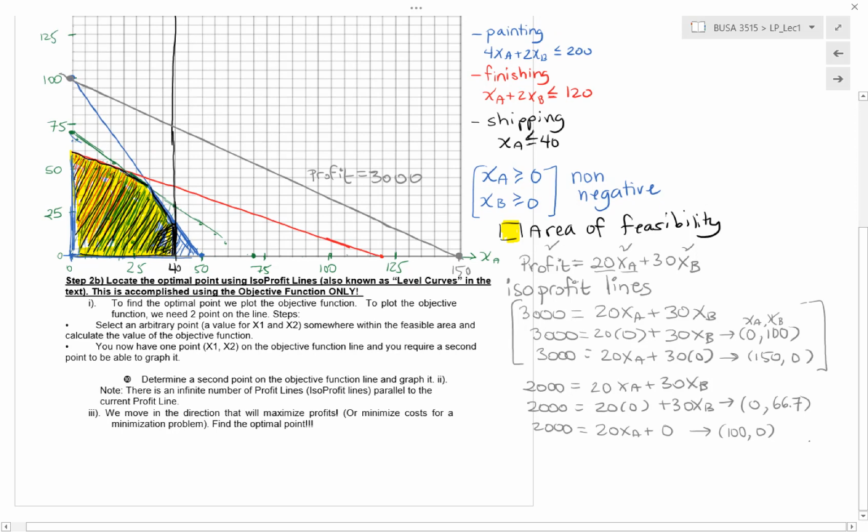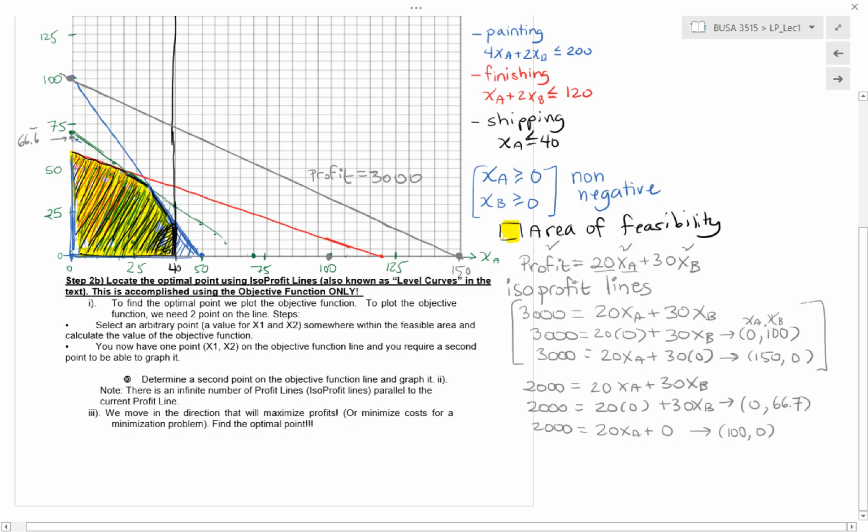So this is our next isoprofit line. It's when our profit is 2,000. So we have 0 and 66.67. So here is 70, and 65 is right around here. That's our 66.67, or 66.6 repeating. And then 100, 0 is right here.